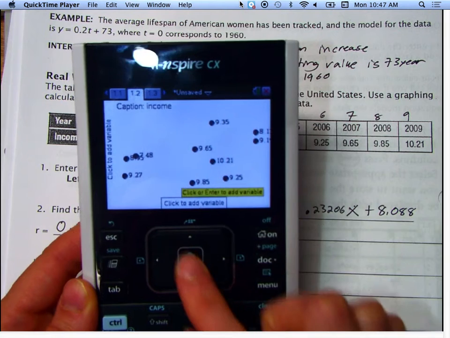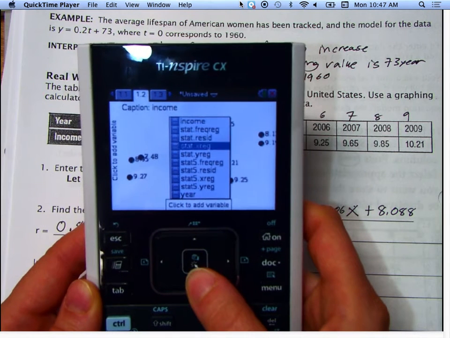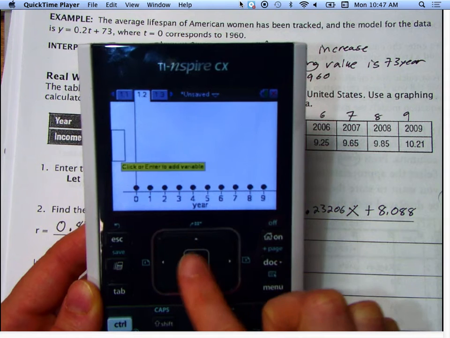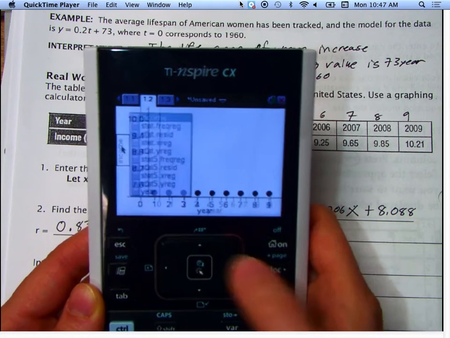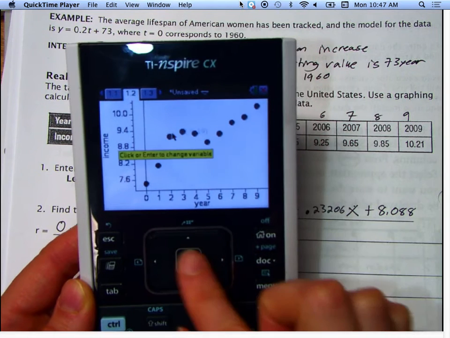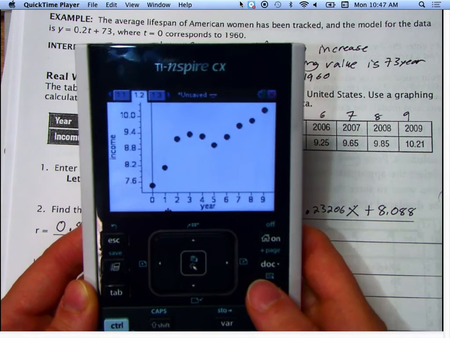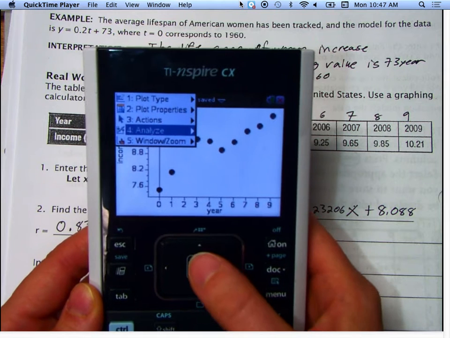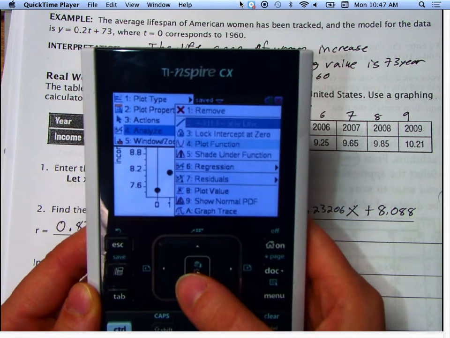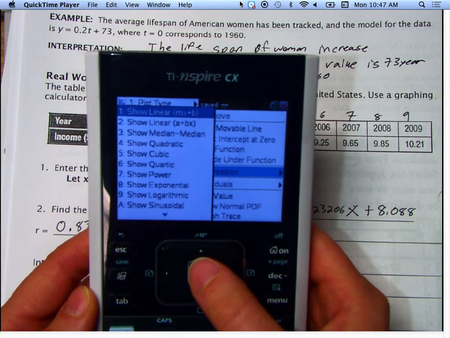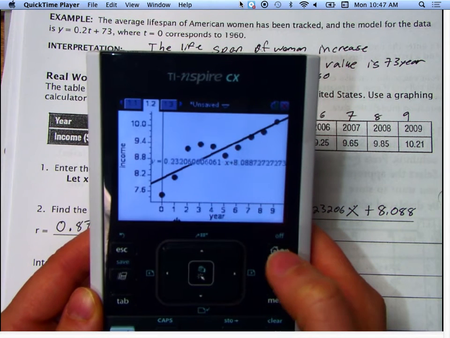I click on the bottom year. I go over and click the side, and I put income. Okay. Now I am going to hit menu, analyze, number 4, regression, and I'm going to hit number 1, show linear regression, y equals mx plus b.